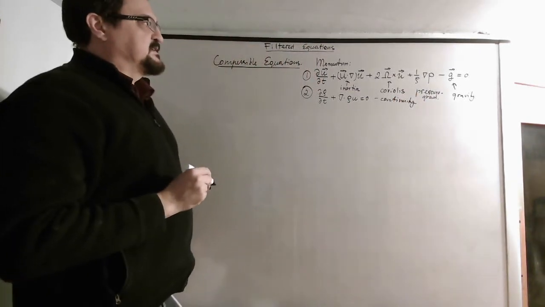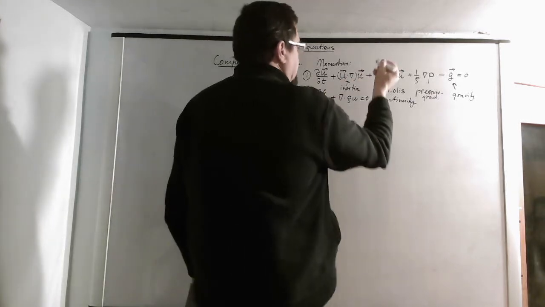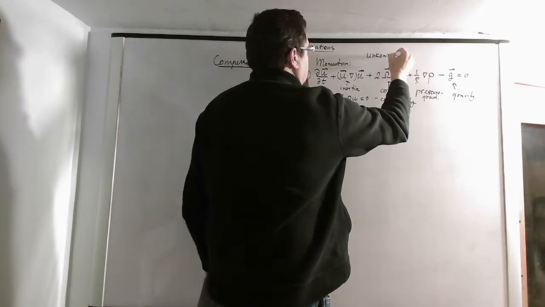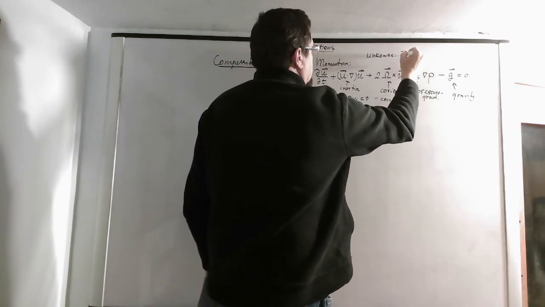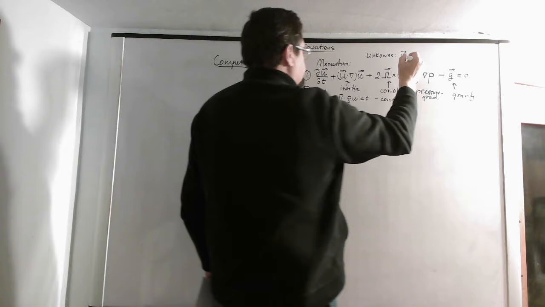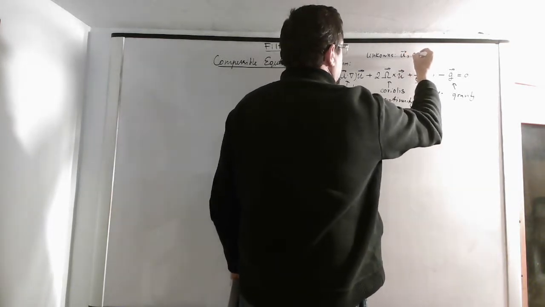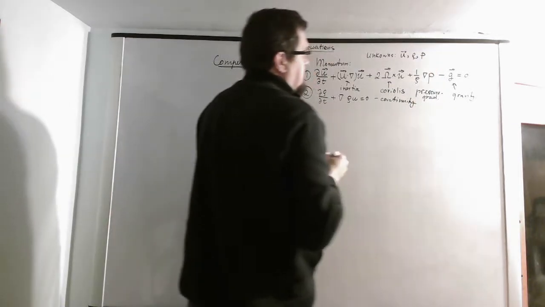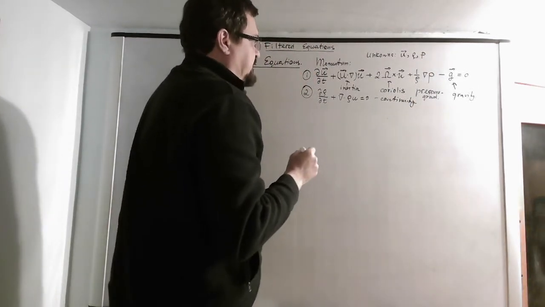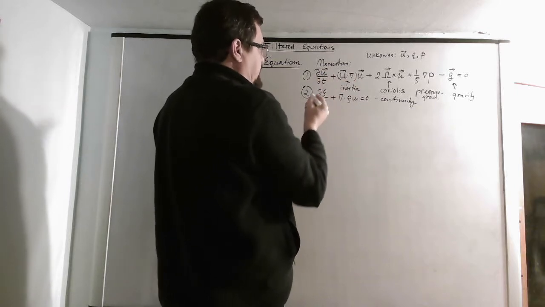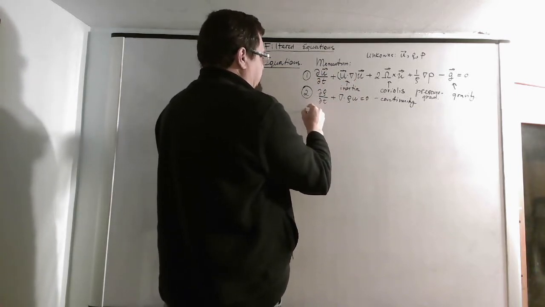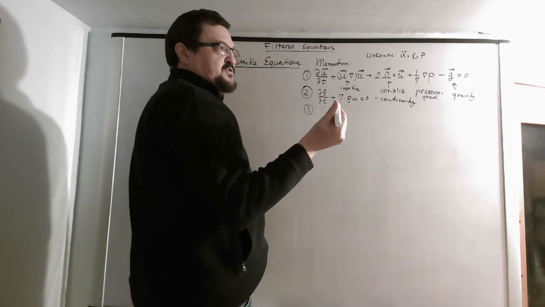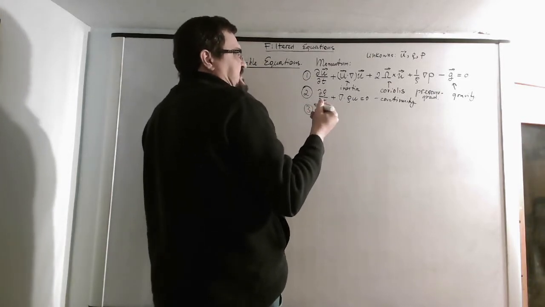And then we need another equation. We have unknowns u, rho, p. So we have two equations right now. For the third equation we can add the equation of state, the ideal gas equation.